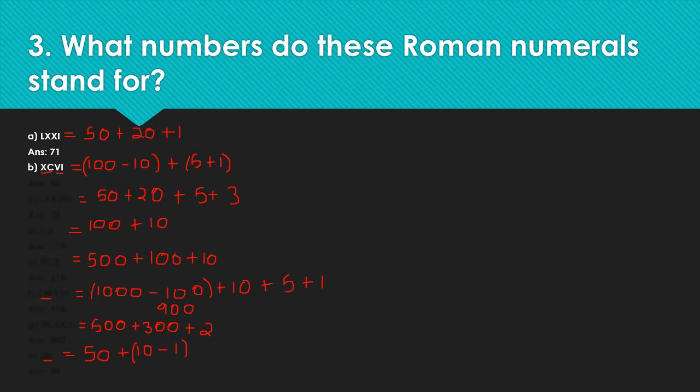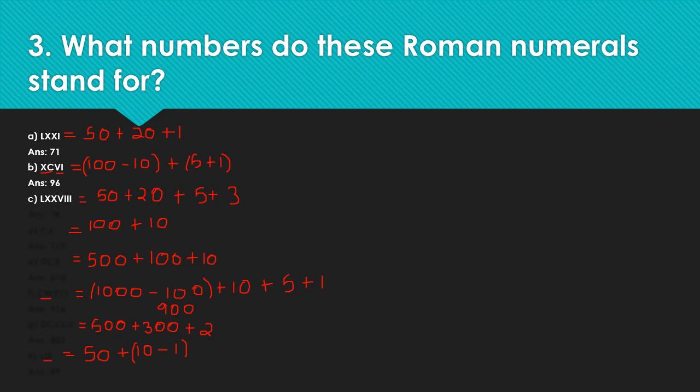Next you see VI, greater numeral with smaller numeral. So greater numeral with a smaller numeral you have to add. So 5 plus 1. So now you will get 100 minus 10, 90, plus 5 plus 1 is 6. So you will get the answer is 96.